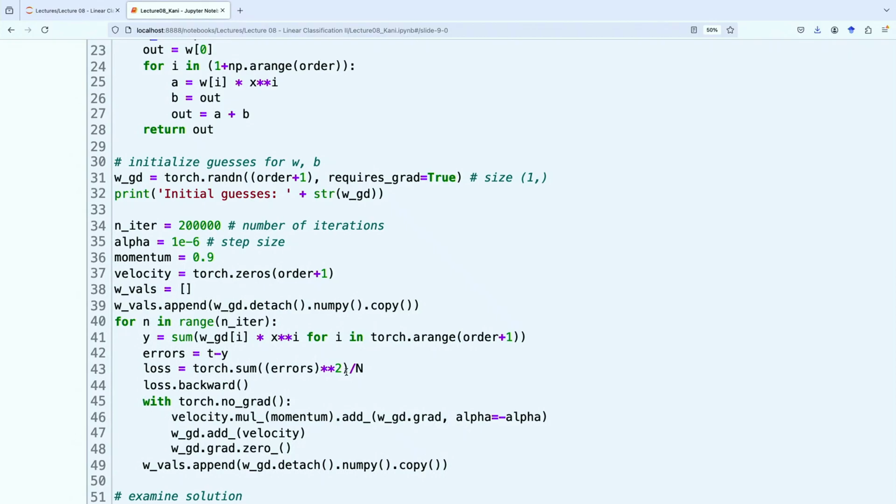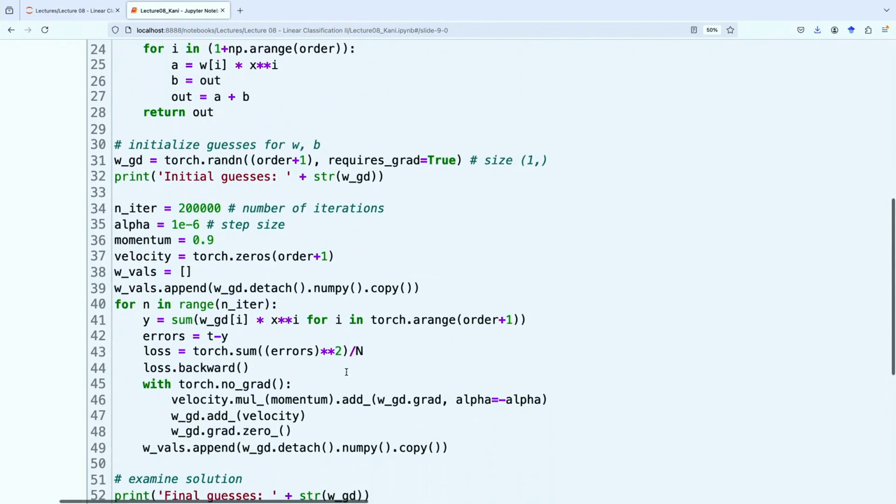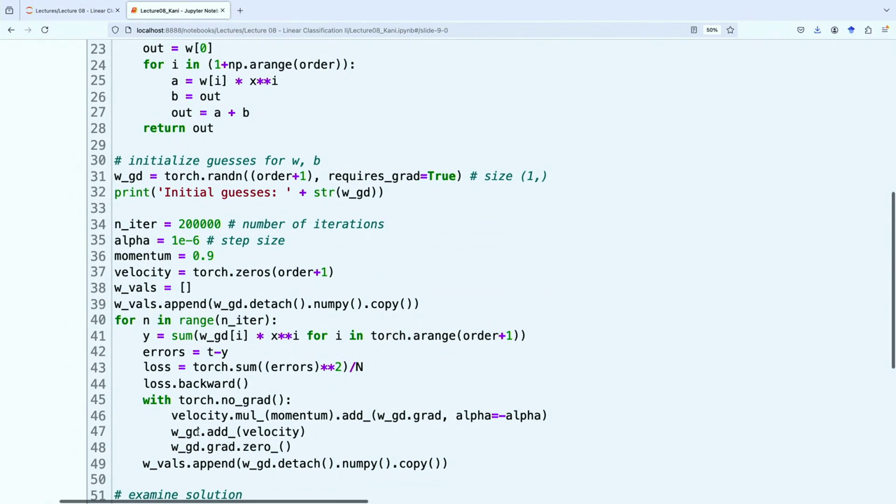And to do the update step, instead of doing the update as w equals w minus alpha times the gradient, we simply do w equals w plus the velocity, where the velocity is equal to the momentum times the previous velocity plus the gradient times alpha.